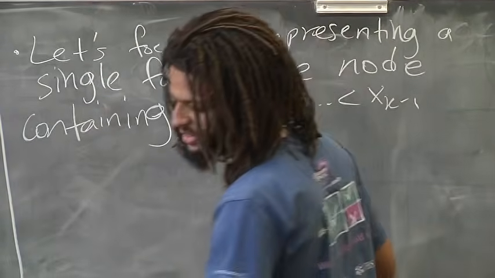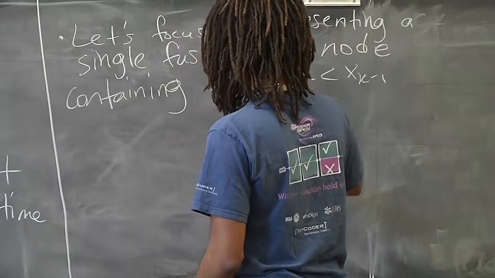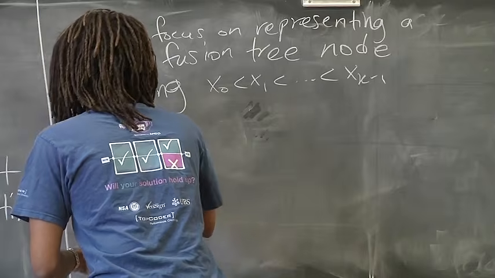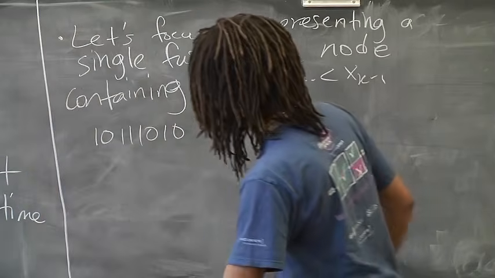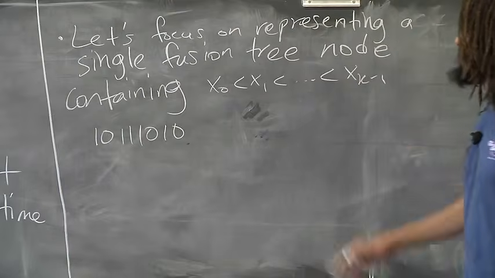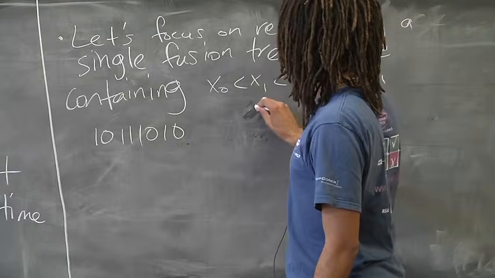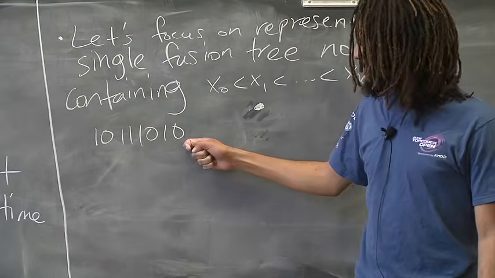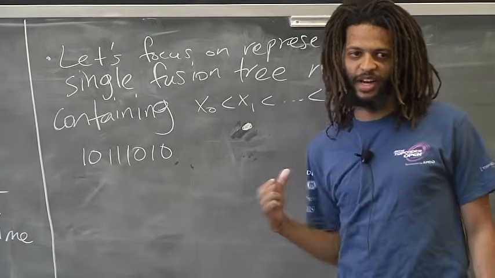Let me draw a path. Let me first write this: 1, 0, 1, 1, 1, 0, 1, 0. Let's say that's one of the xi's. I'm first going to draw a vertex here, and then go from the least significant bit to the most significant bit. When I see a 0, I go left. When I see a 1, I go right.